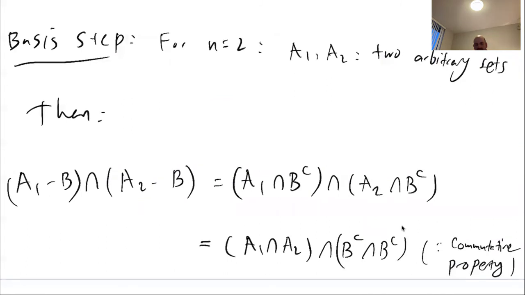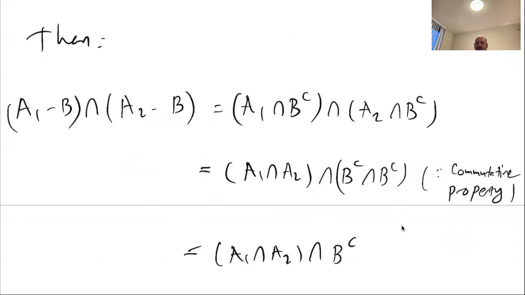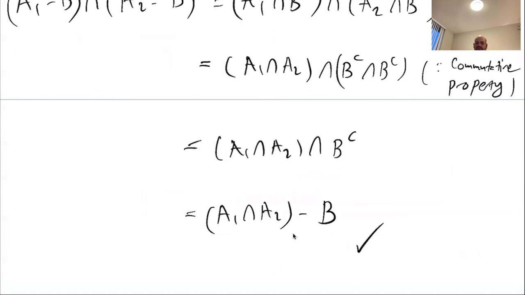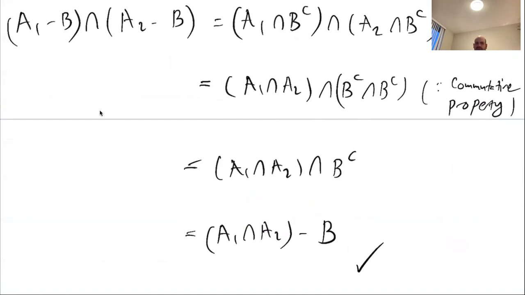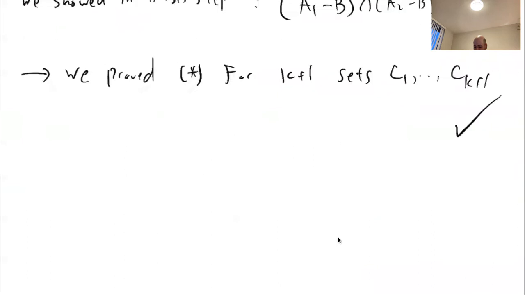We showed that if I have any two arbitrary sets, I called them A1 and A2 there, you can call them D and E if you want, then (D minus B) intersection (E minus B) can be written as (D intersection E) minus B. It is always (D intersection E) minus B. So this is what we showed in the basis step.